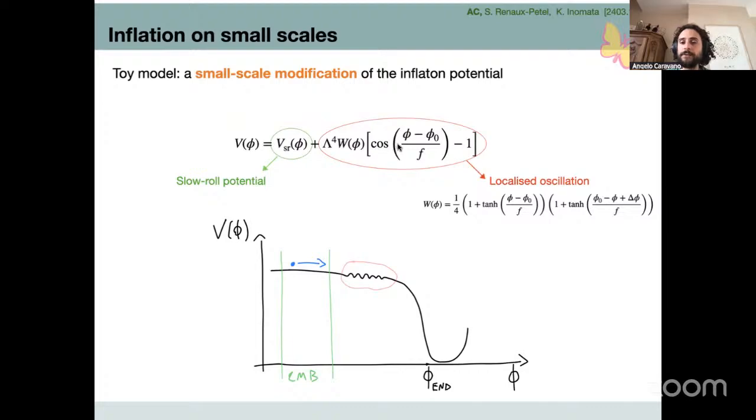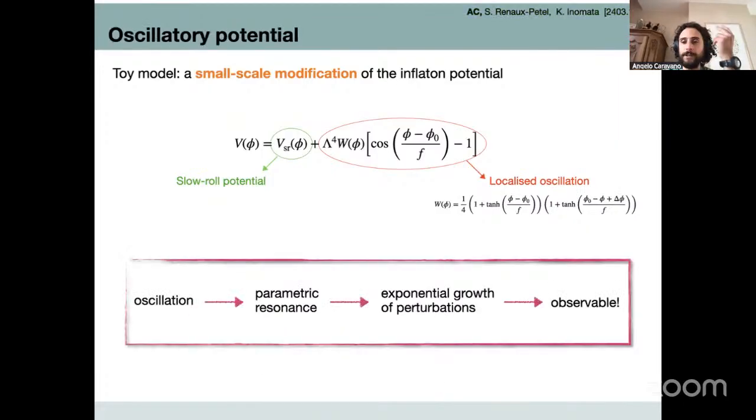There are a few parameters: this cosine potential, a width function, and an amplitude for the oscillation, just to keep it simple. Now, why the oscillation? The oscillation is a very efficient way of creating particles. Because there is the oscillation, there's a parametric resonance phenomenon. Basically, because there is this oscillation frequency of the background, there are going to be some modes that resonate with this frequency.